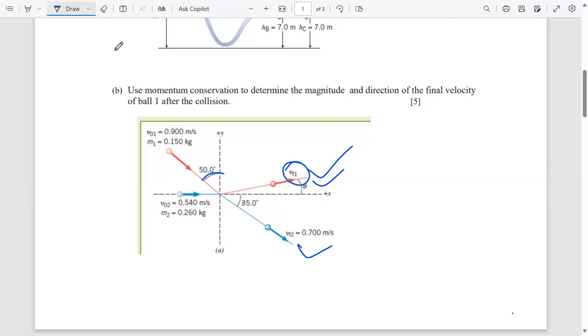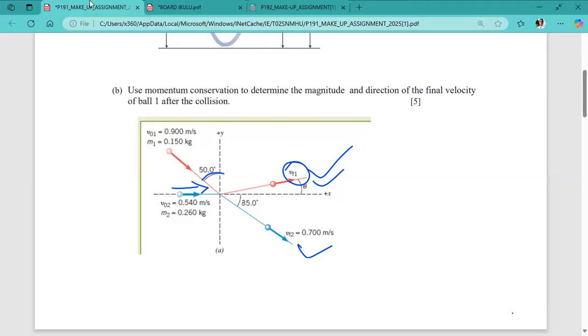Since the y-axis is the one which is adjacent to the direction of this velocity, the y component is the one which is going to carry a cos. And the x is away from the theta, which is the 50 there. That means it is going to carry a sine. That means the initial velocity of ball number one in x will be equal to the initial velocity times sine 50 degrees.